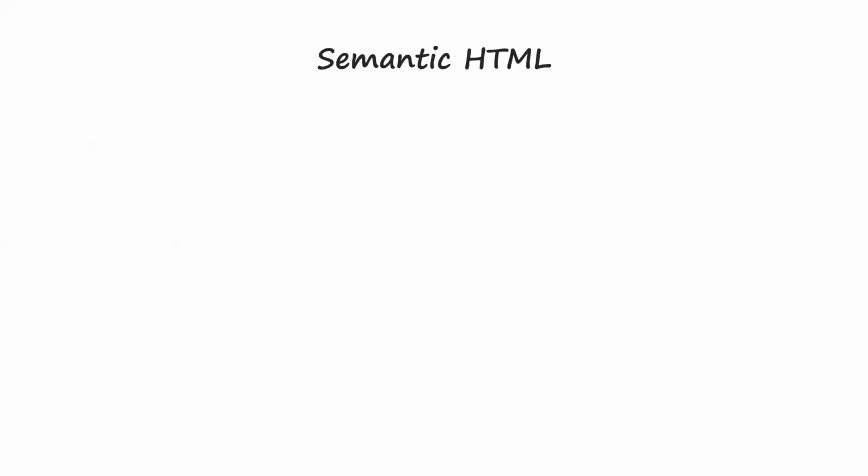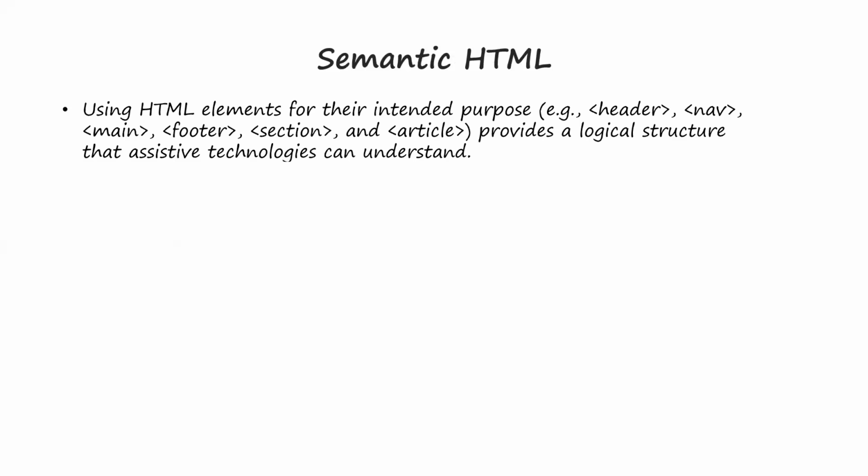First of all is semantic HTML. We have talked about semantic HTML. When you're using semantic HTML, you already know that all these semantic HTML elements have some meanings that the browser reads, okay? They have their intended purposes. Whenever we see the header element, we know what it is all about. Whenever we see the nav, the main, the footer, all these assistive technologies also understand these things.